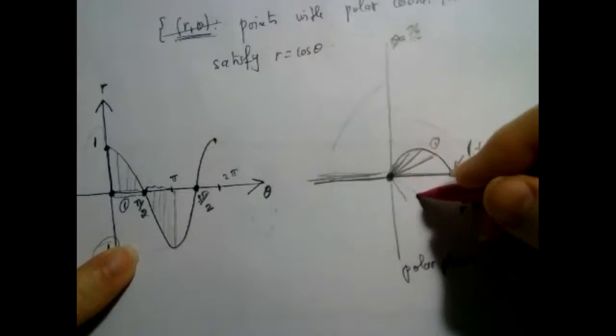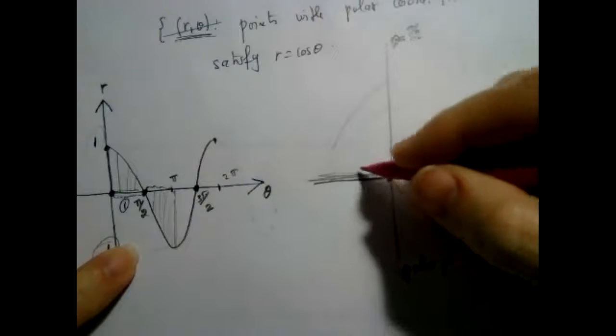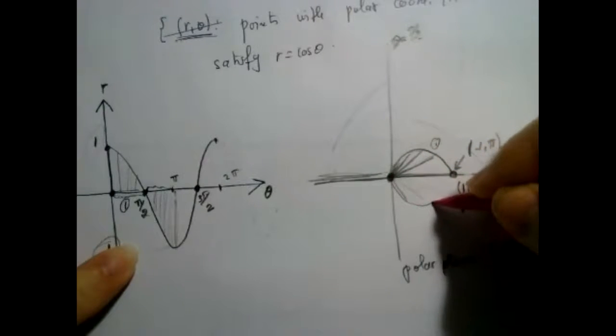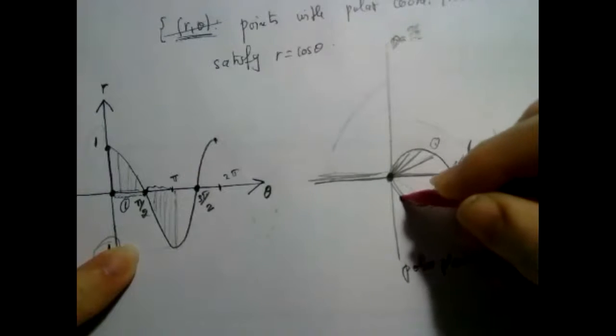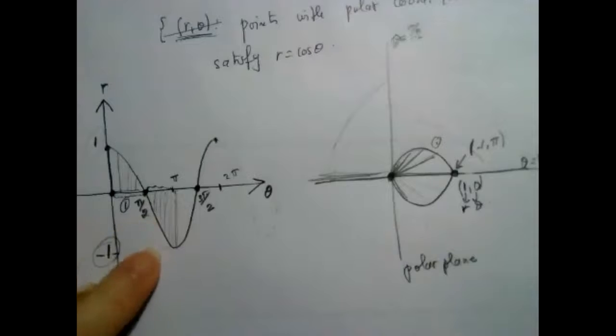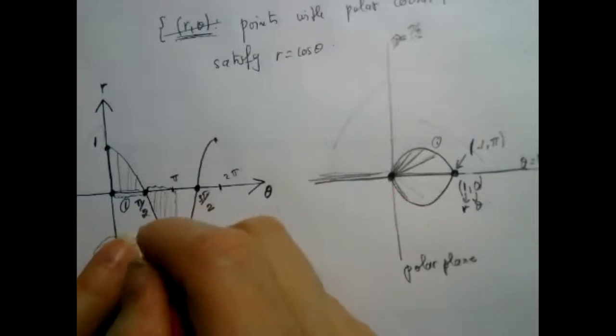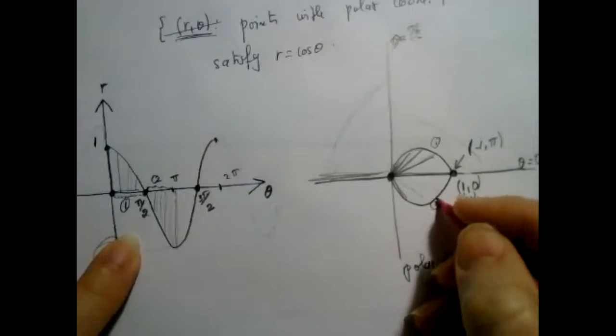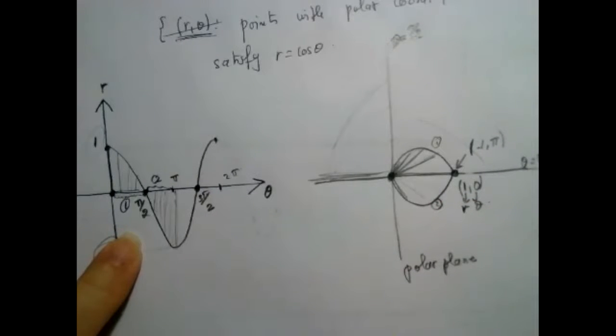So as theta is here, my point is here. If we collect them, we're going to go around like this. So that's the picture. That's region 1, and region 2 is reflected right here.